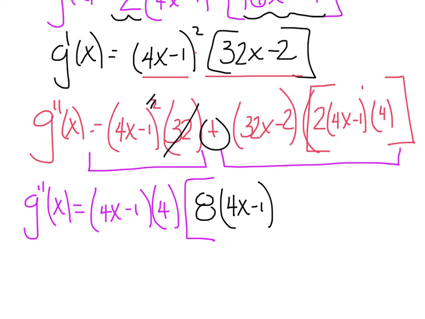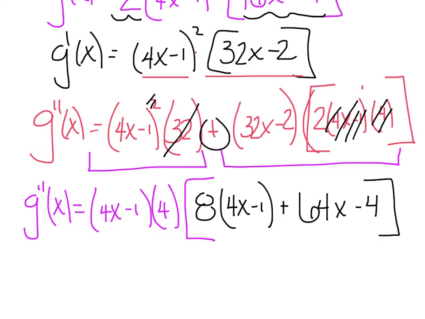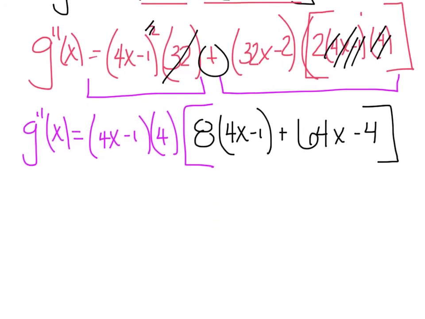Then I've got this plus sign. I took out the 4, I took out the 4x minus 1, so I've got 2 times that quantity, which is 64x minus 4. Okay, and again, I'm just cleaning up, that's all I'm doing. So I've got g double prime equals 4x minus 1 times 4.